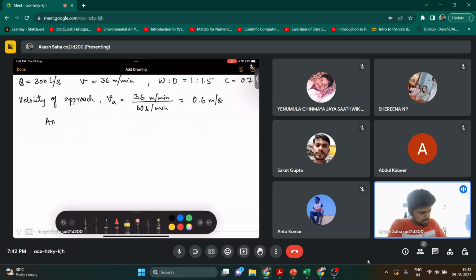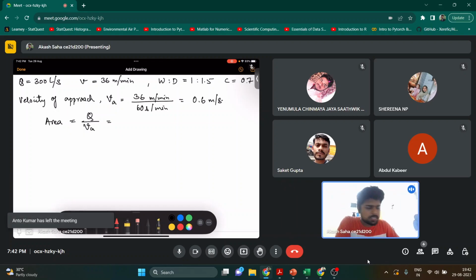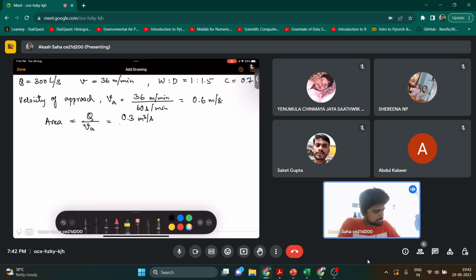So what will be my area? My area will be Q by VA, which is equal to 300 liter per second, means 0.3 meter cube per second, divided by 0.6 meter per second, which will be equal to 0.5 meter square. Okay, now we know the width to depth ratio is 1 is to 1.5.